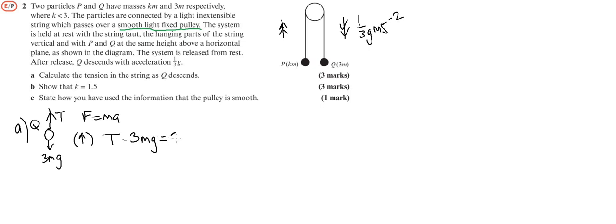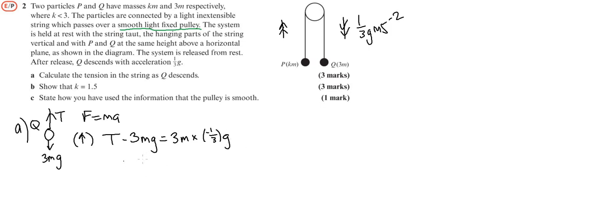And that's my forces. Then I've got my mass of 3m, and I multiply that by acceleration. Now, acceleration is going down, so acceleration is negative. So it's negative 1/3 g.